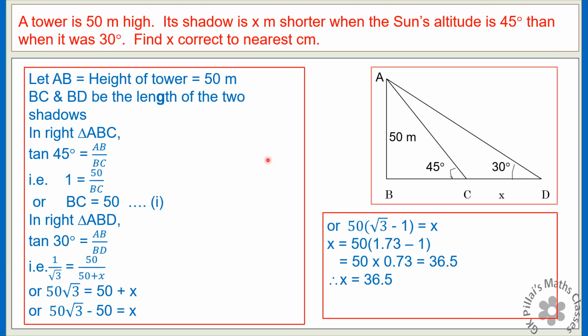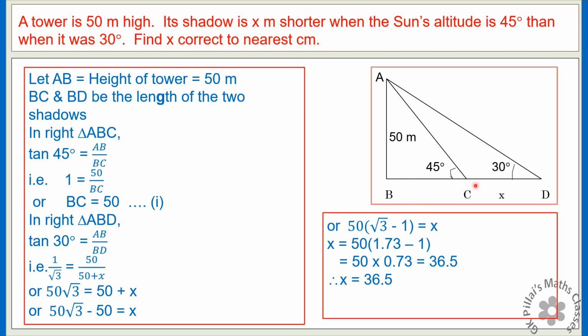This is another important sum, but here one complete side of a triangle is given. A tower is 50 meter high. Its shadow is x meters shorter when the sun's altitude is 45 degrees than when it was 30 degrees. Find x to the nearest centimeter. Here there is a tower AB 50 meter high and there are two shadows.